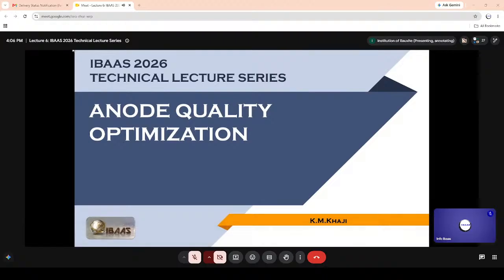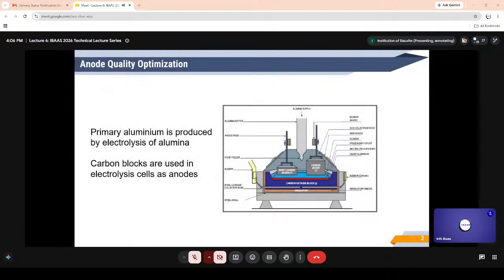Respected Dr. Ashok Nandi and dear friends, welcome to my presentation on optimization of carbon anode quality. Aluminium is produced by electrolysis of alumina in Hall-Héroult cells. In Hall-Héroult cells, carbon blocks are used as anodes.